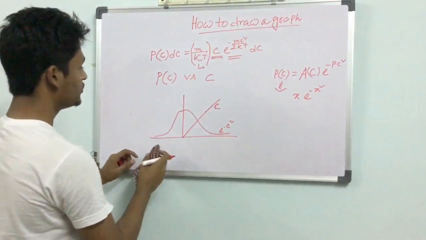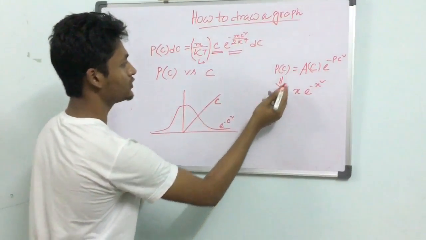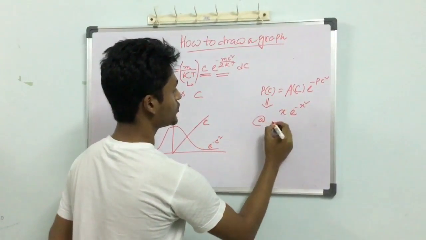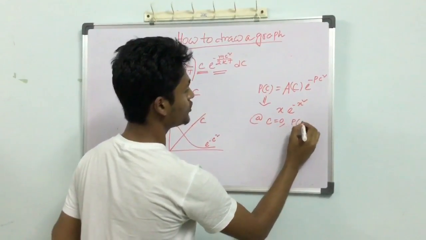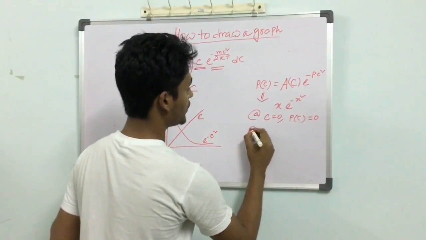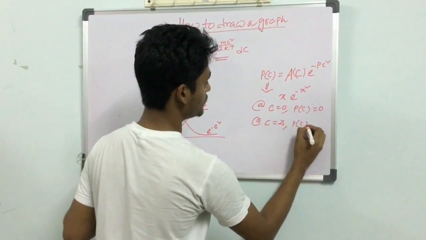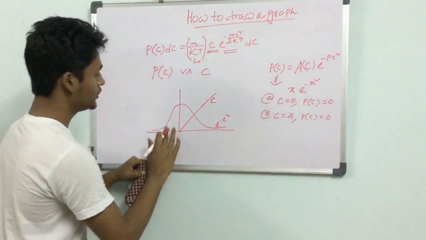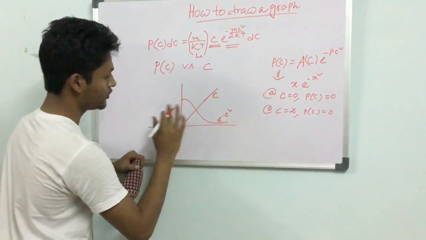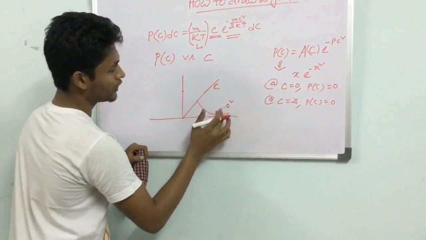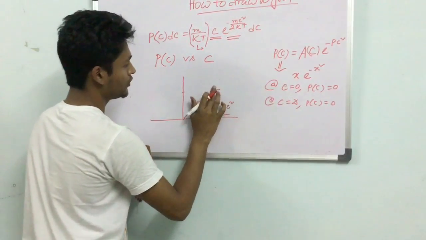So what you need to do is just find out the value. At c equal to 0, P(c) is going to be 0, and at c equal to infinity, again P(c) is 0. So you just need to take this part to get 0, and again this part.